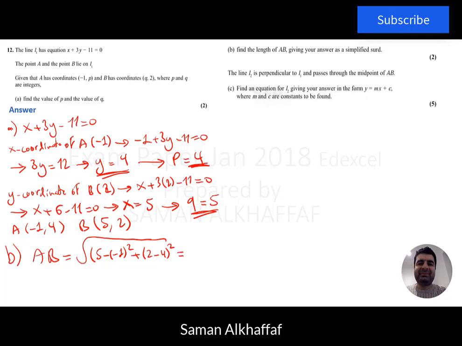So we would have the value of AB to be 2 root 10, and this will be our answer for part B.